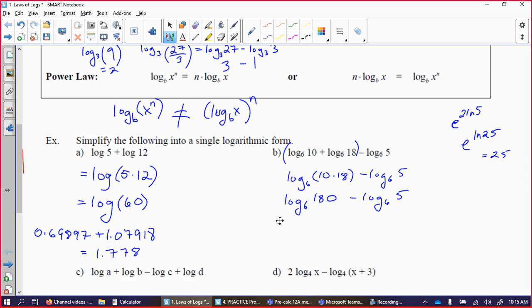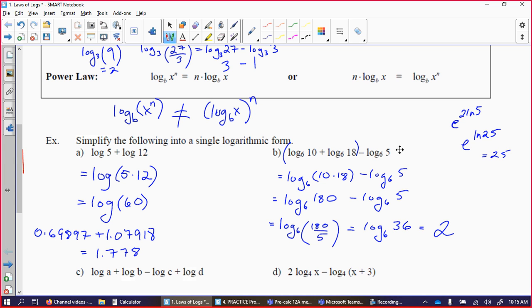Well, now I have a subtraction of 180 divided by 5. 5 goes into 18 3 times. With 30, 5 goes into 30 6 times. Oh, well, what power do you raise 6 to get 36? 2. So, well, geez, that whole crazy expression, if it came out of some sort of calculus business, blah, blah, blah, and the answer is 2.